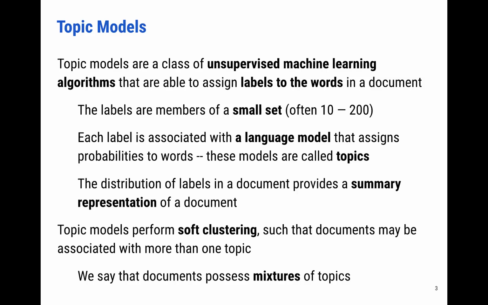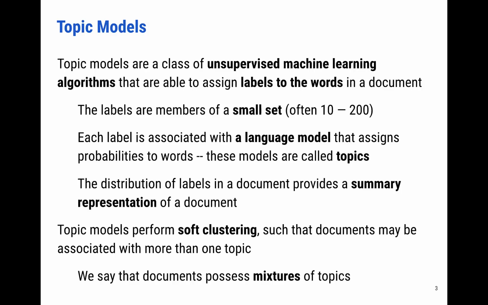And the approach that we're going to look at today can be described in this way. Topic models are a class of unsupervised machine learning algorithms that are able to assign labels to words in a document. This is not the usual definition that you're going to see about a topic model, but this really corresponds to what's happening at the level of the data, and certainly what's happening when you look at the transformation of a vector space model of a document term matrix into a topic model.